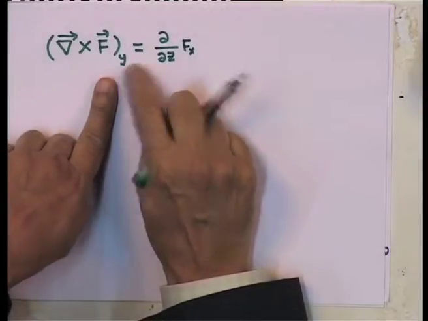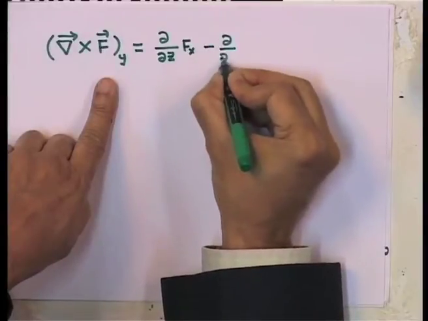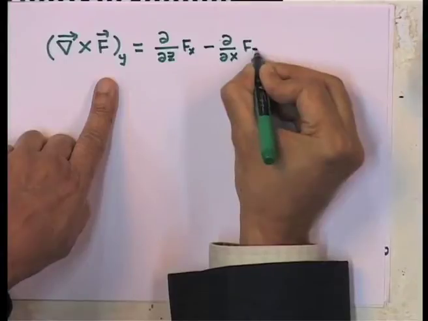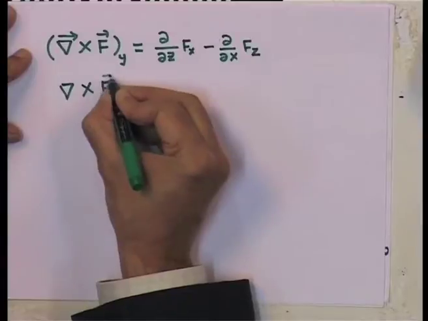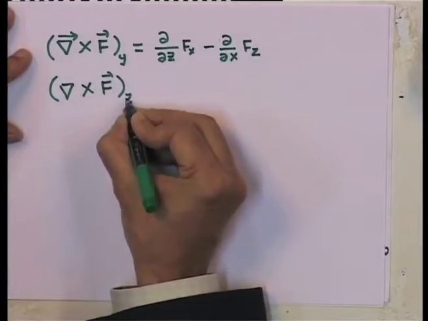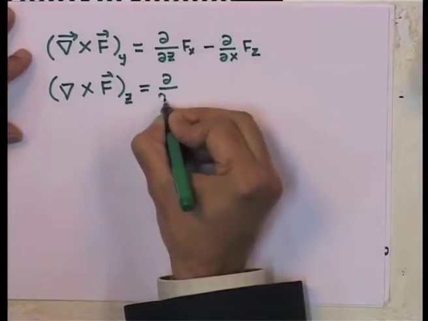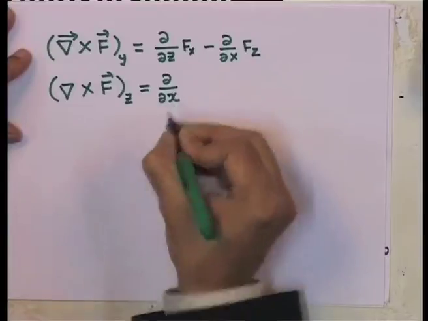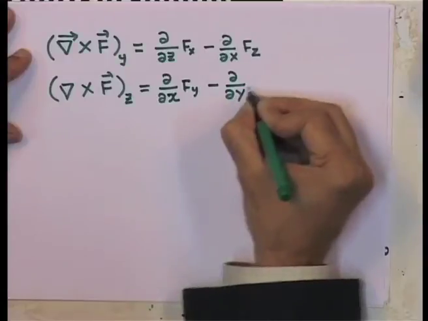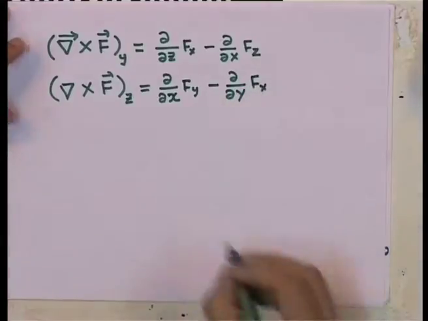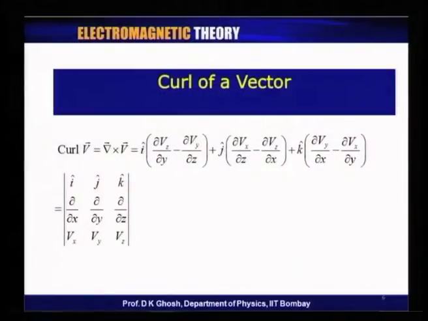Notice that this index y does not appear on that side, and minus d by dx of z component. Similarly, del cross f z component, you have to go cyclically x, y, z, x like that. So, therefore, first d by dx of the y component minus d by dy of the x component. So, this is the expression for curl of f.